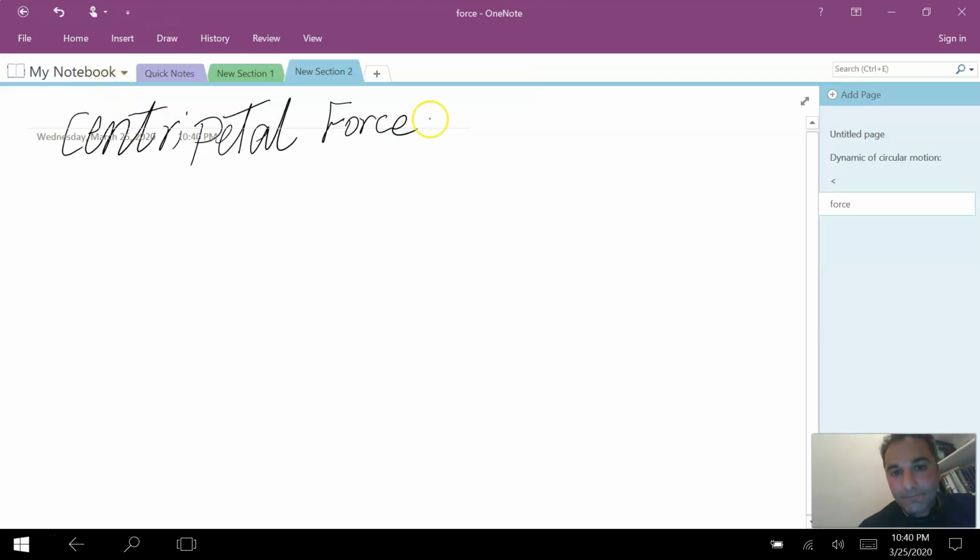What is this? We show it by FC, centripetal force. As I said, some books go by FR. Let me write it, or FR. Little r or big R doesn't matter, okay?